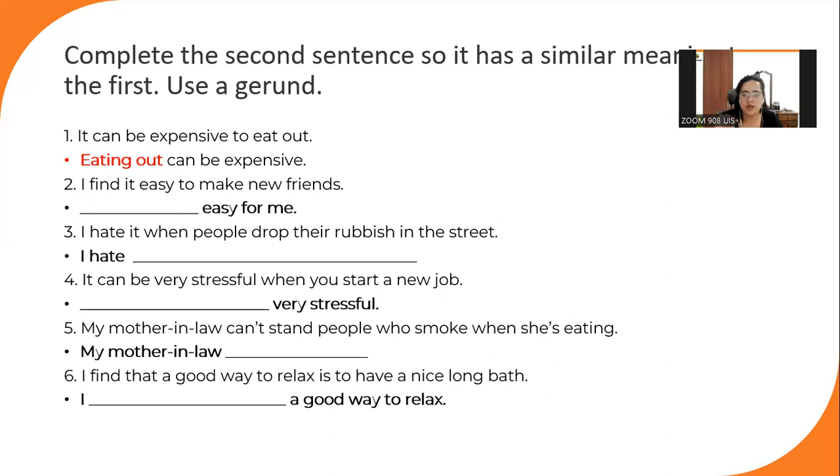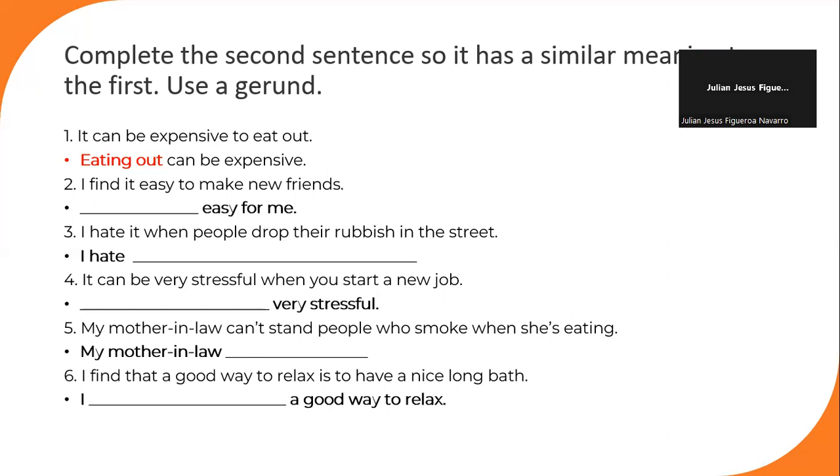It's close to the answer. The actual answer is I hate people dropping their rubbish in the street. I'm between both. Yes, it was very, very close to the answer. It was correct: I hate people dropping their rubbish in the street.